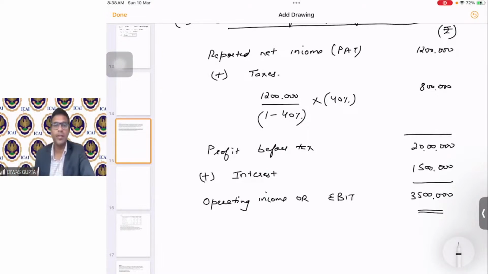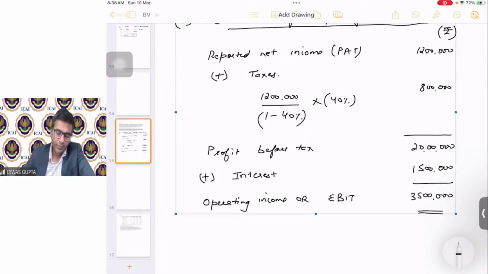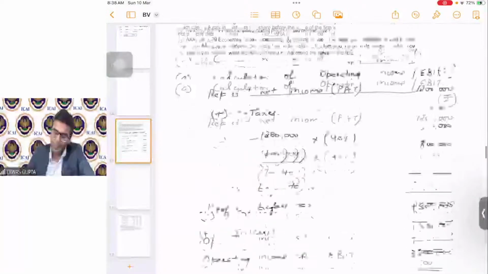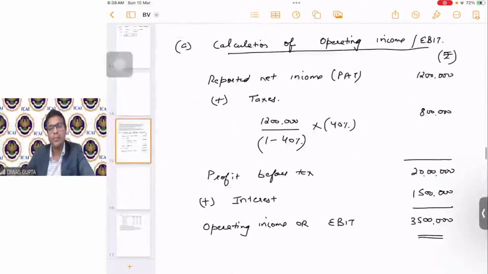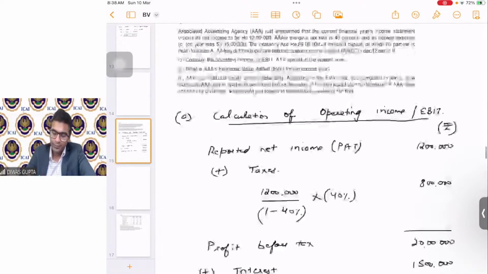Okay, students, first part is clear. Easy and simple. Students, do you have any queries till now? Please let me know what they are. I will answer them. In case you have anything unresolved or not known, please do let me know.